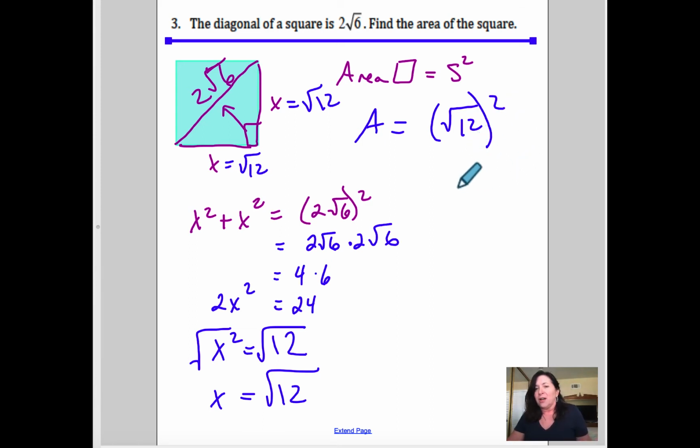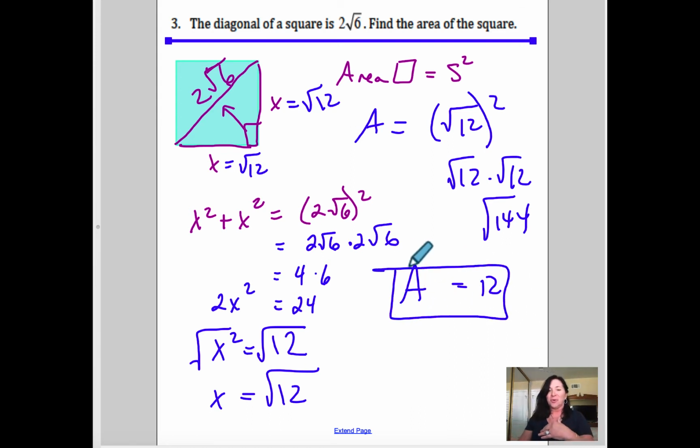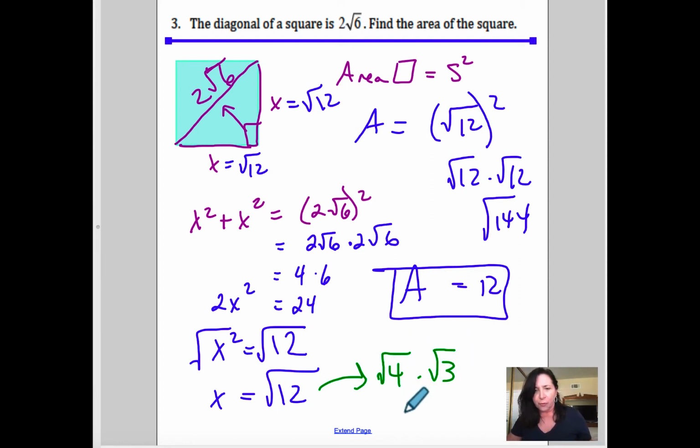So root 12 times root 12 is the square root of 144, which is 12. So it wouldn't have done me any good to reduce root 12, but just so that you know how to reduce it, let me show you. That's going to be root 4 times root 3. Square root of 4 is 2, so that would have been 2 root 3.